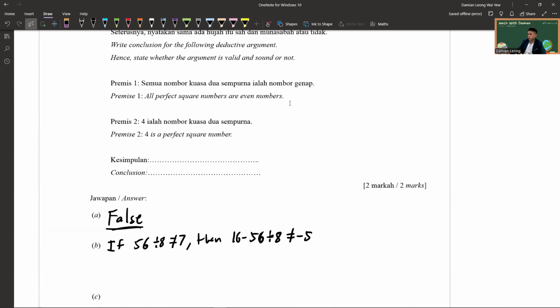Yeah. So if it's not equal to 7, it's not equal to negative 5. That's wrong lah. Okay, 16 minus 21 would be negative 5.